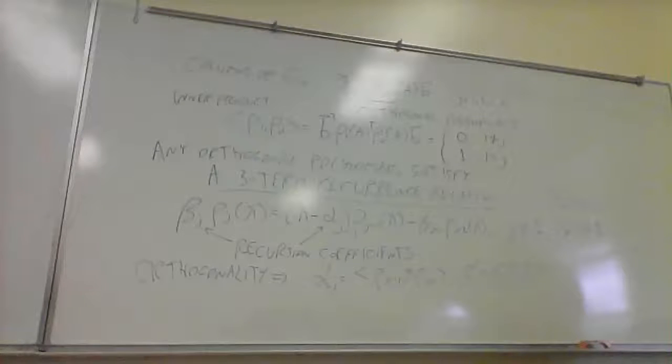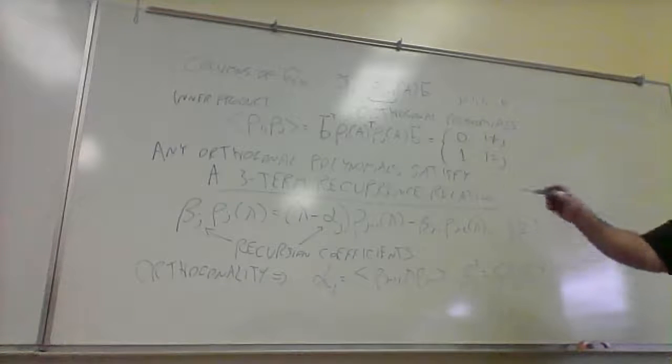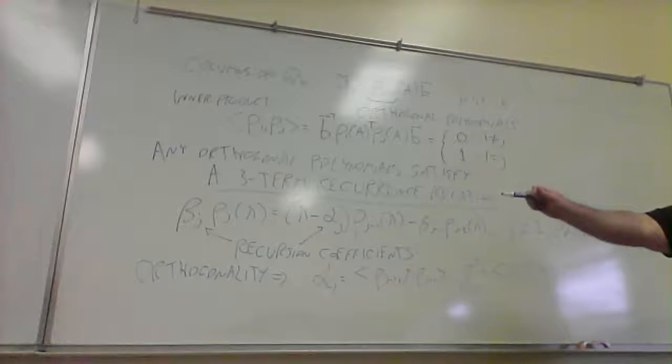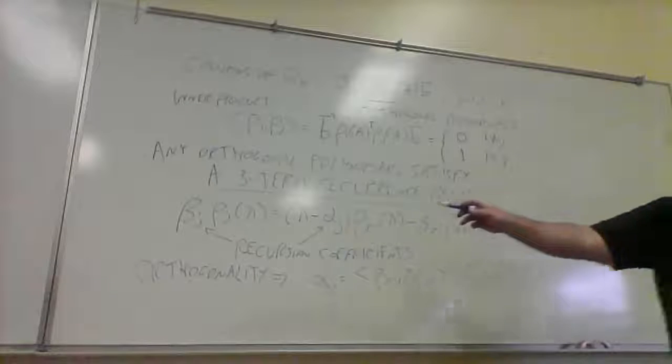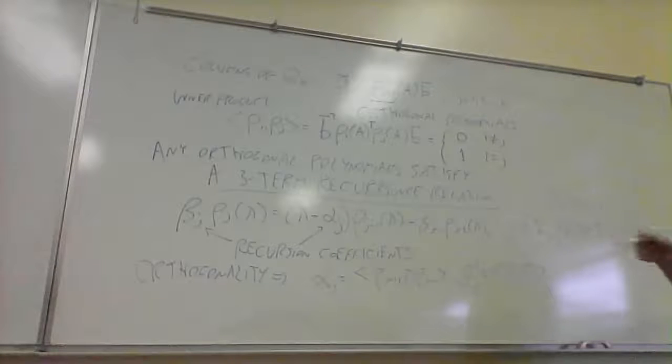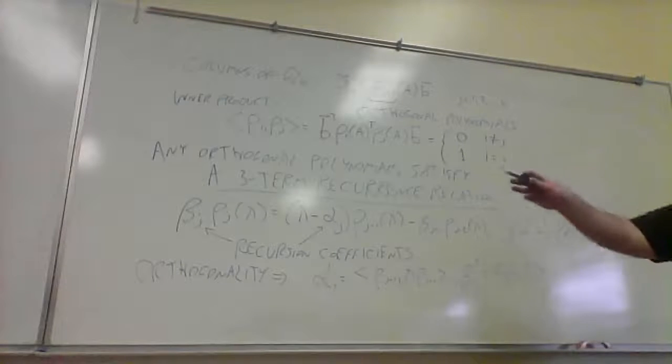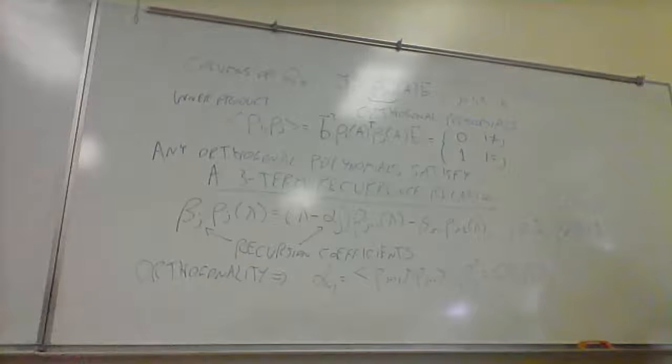And if instead of lambda, I fill in A, the recurrence relation still holds, and if I multiply both sides on the right by b, then I get this nice relationship between all of the q's. Because it's these q's I need to be able to compute.